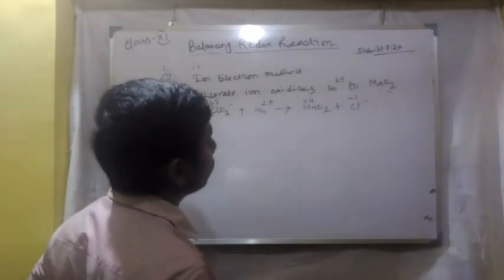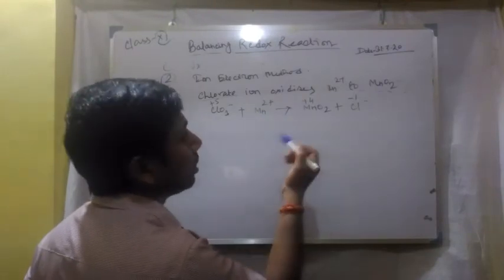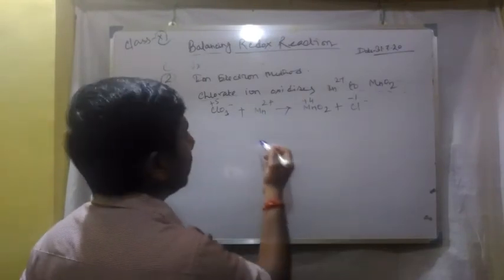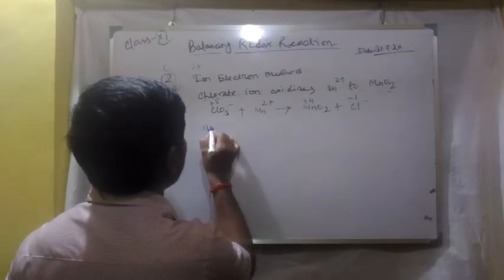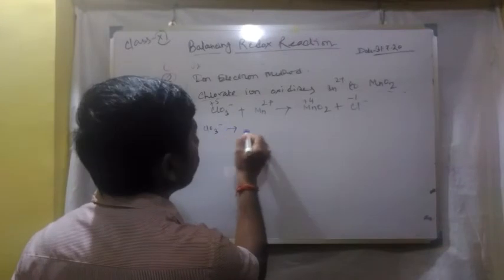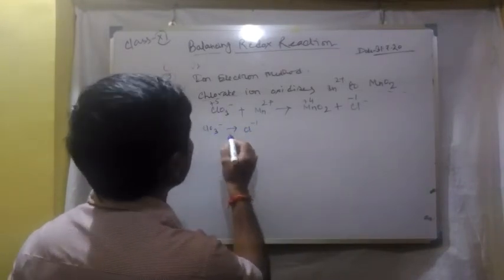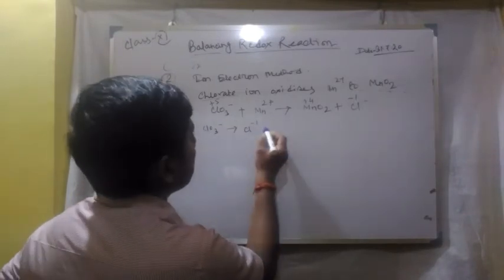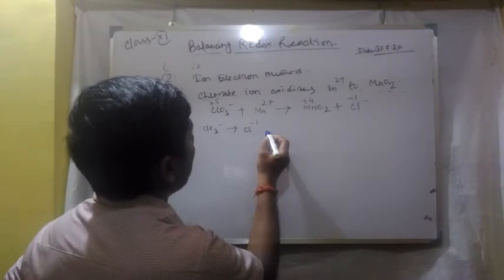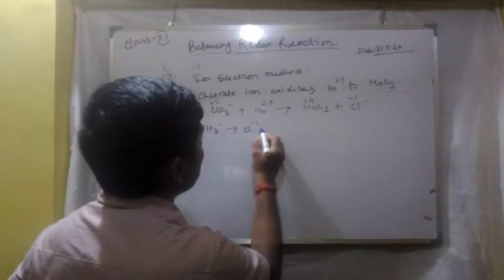Manganese only 2 units, so we have to multiply this by 3 so that we can equate the number of electrons and then write down the equation once again. So ClO3 minus to Cl minus, that is a change of 6 units. That is the reduction.